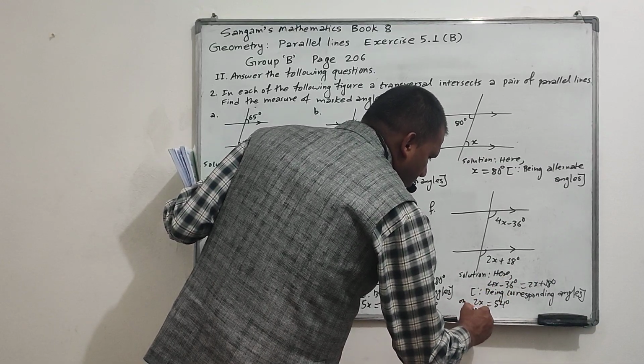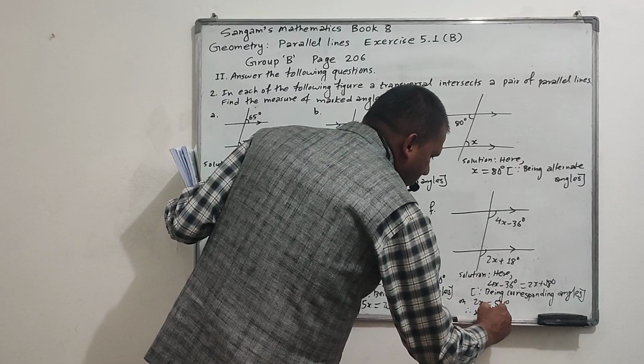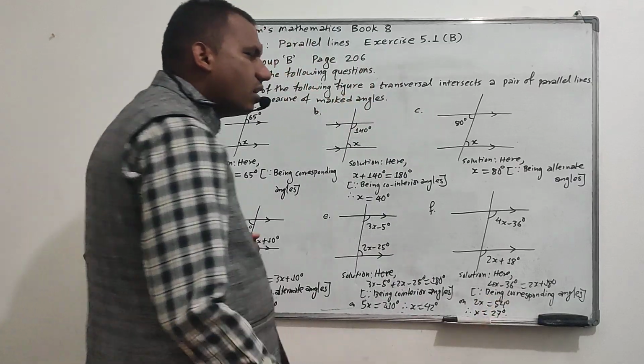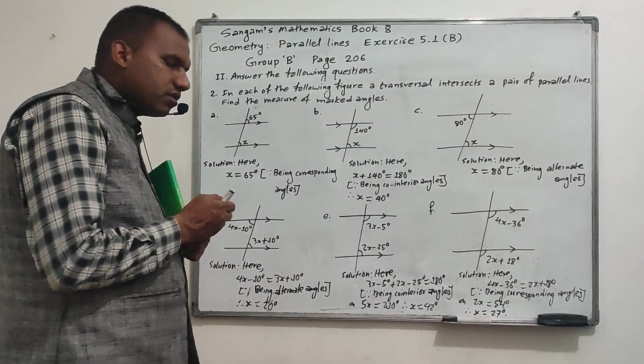Therefore x equal to 54 divided by 2, that is 27 degree. Okay, this is the answer.